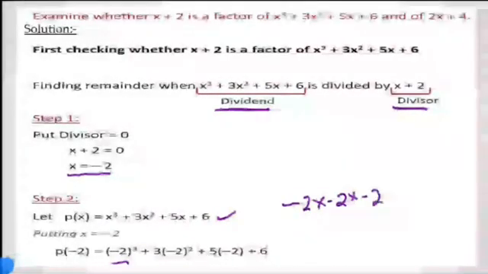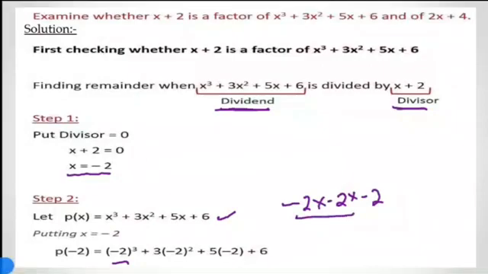So we get minus 2 into minus 2 is plus 4, into minus 2. Plus into minus, we get minus, 4 into 2 we get minus 8. Similarly minus 2 into minus 2 we get plus 4, and 3 into 4 is 12. Here 5 into minus 2 we get minus 10.